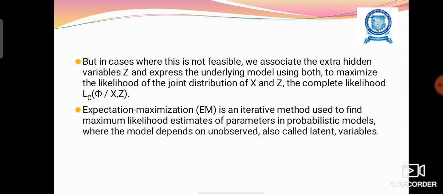But in cases where this is not feasible, we associate the extra hidden variables z and express the underlying model using both to maximize the likelihood of the joint distribution of x and z.